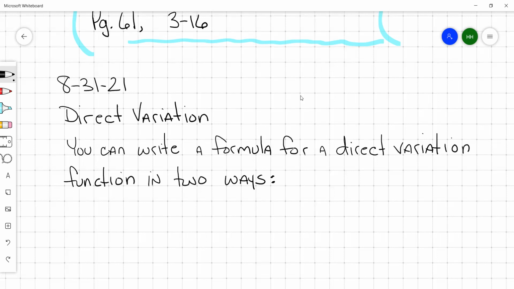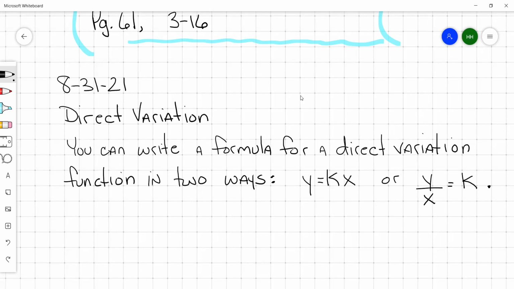Way number one is y equals k times x, where k stands for a constant. And the other way that you can write it is that y divided by x equals a constant, or k, meaning that value doesn't change.